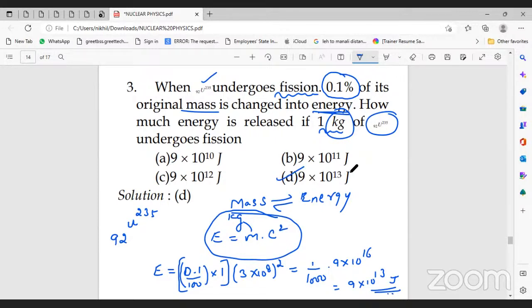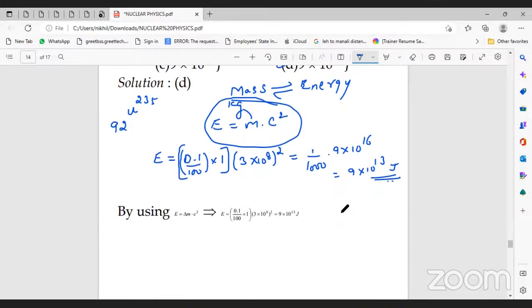The same value can also be expressed in electron volt. If you want to find the energy value in electron volt, you have to divide the energy by 1.6 into 10 power minus 19. So if you divide by 1.6 into 10 power minus 19, this joule is converted into electron volt.